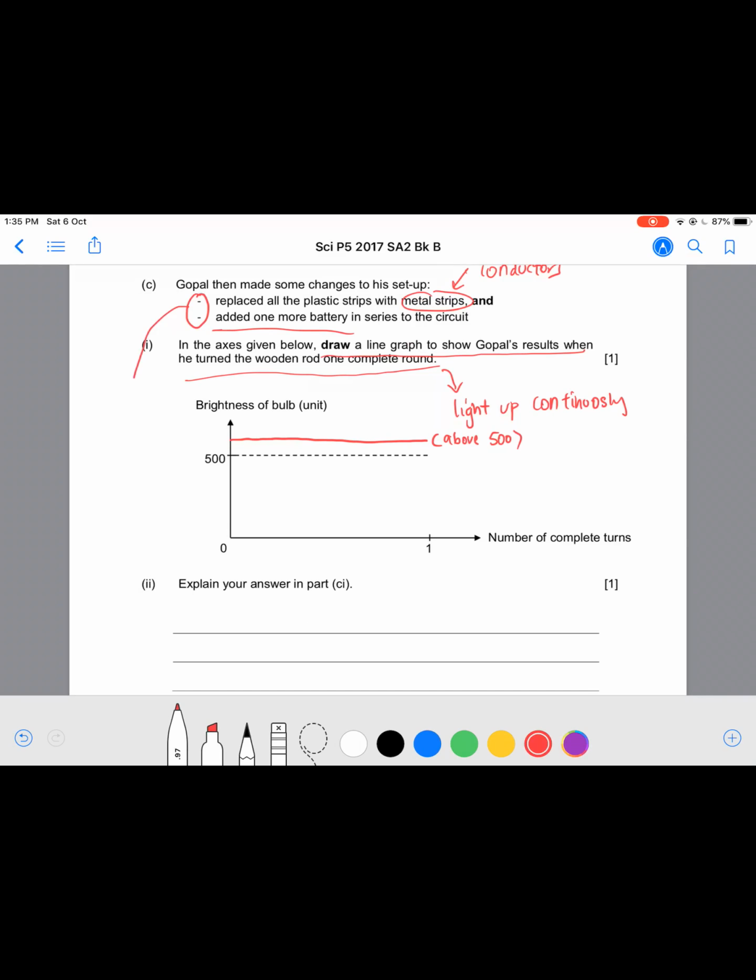So these two parts have to be explained fully. You cannot miss out on one. So the first thing is because adding one more battery, what is the result? Increases electricity current.